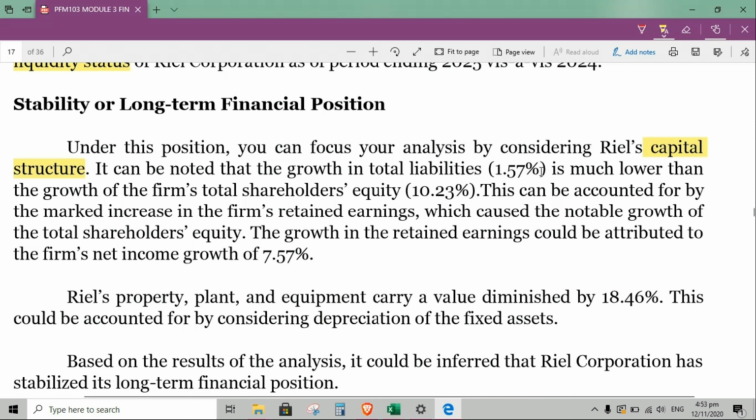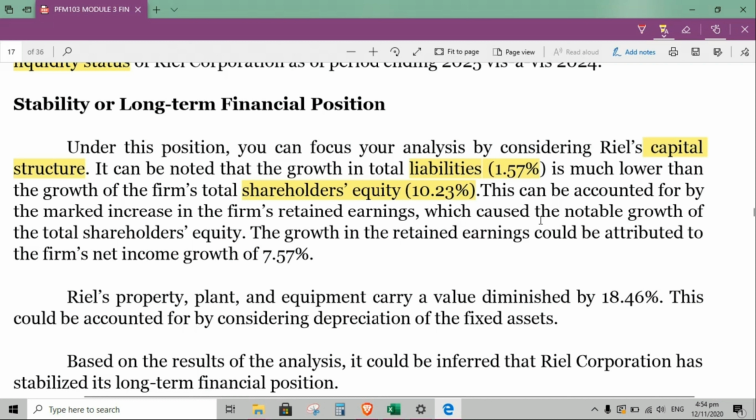So, titignan mo yung balance sheet ni Real Corporation, yung kanyang total liabilities, nung ginawa na siya ng comparative financial statement analysis, 1.57% lang. Tapos yung kanyang shareholders equity naman ay mas mataas, which is 10.23%.